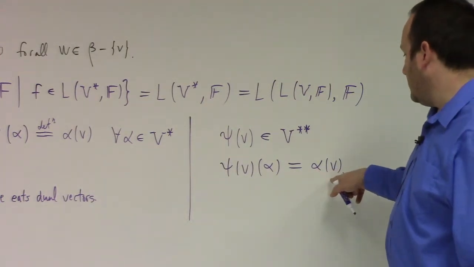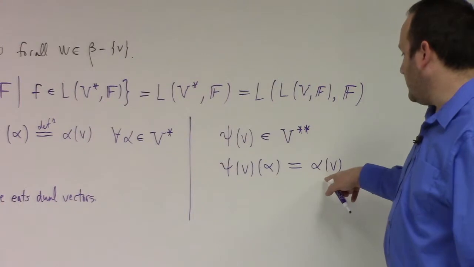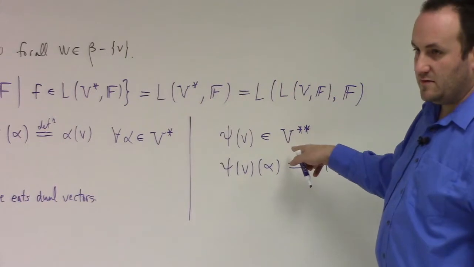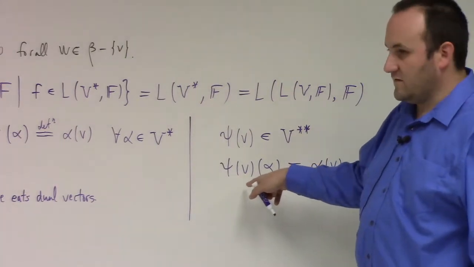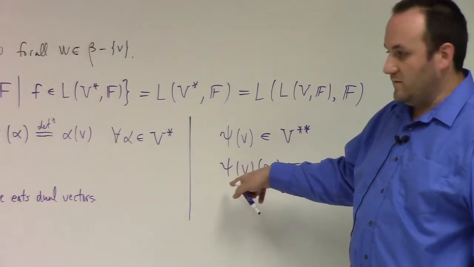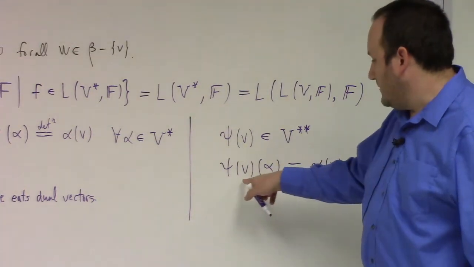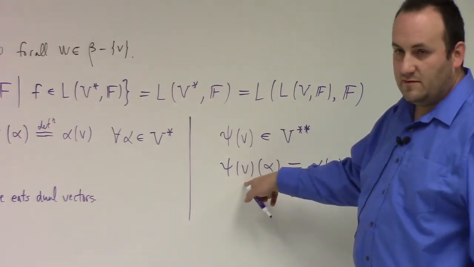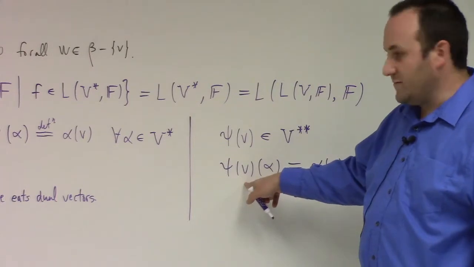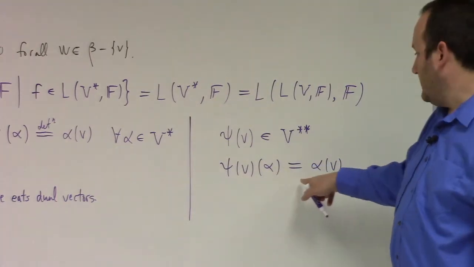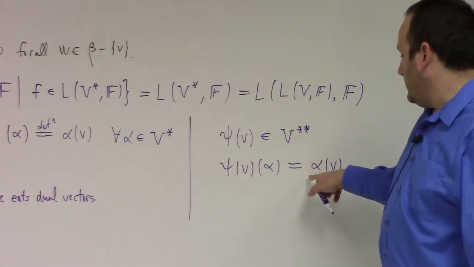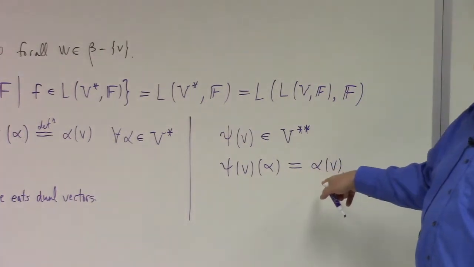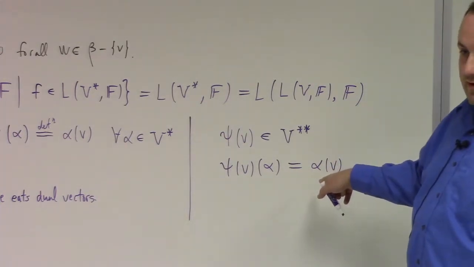So it's definitely giving you a linear map on covectors, and then to prove it's an isomorphism, you just need to show it's injective, right? So show that if psi of v is 0, if it's the zero double dual vector, it must be that v itself was 0. For this to be the double dual vector that's 0, it must be that it sends all covectors to 0, right?